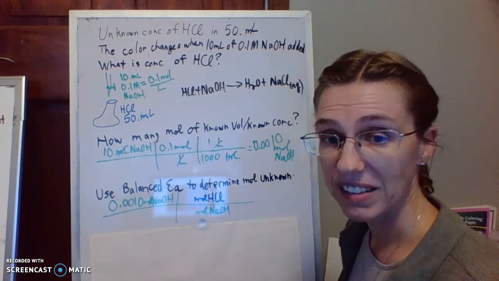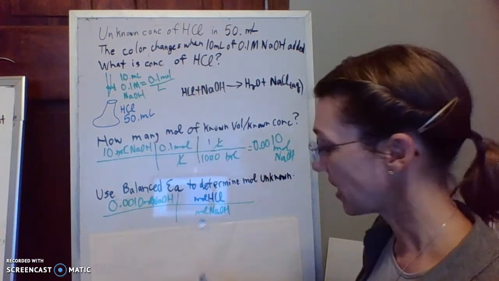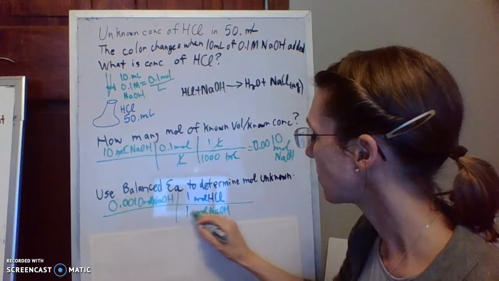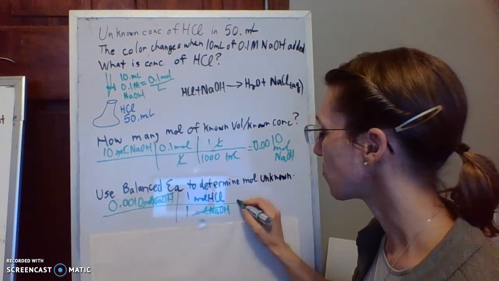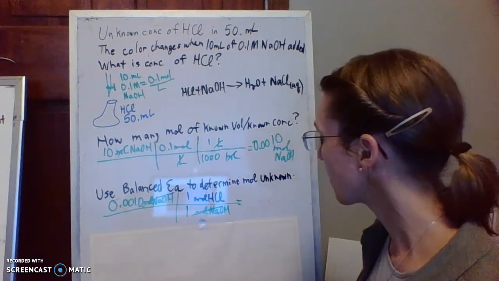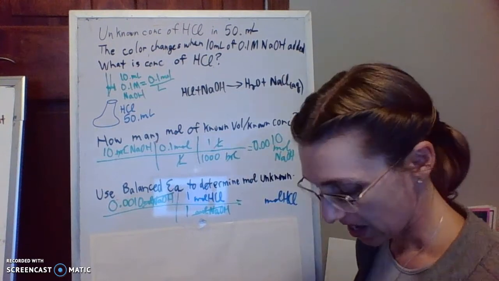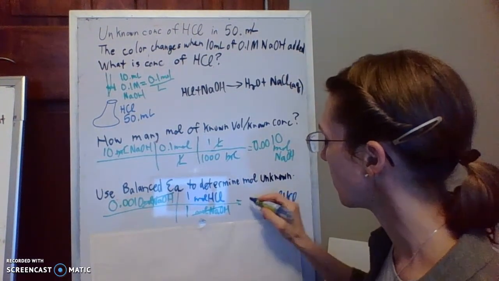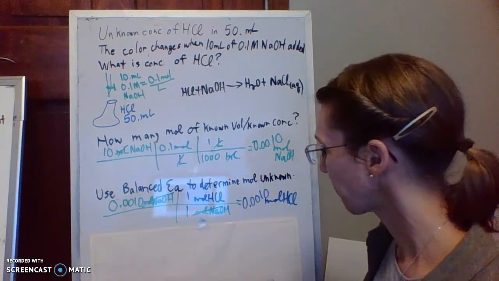We're going to use our balanced chemical equation. Remember, 1 is the coefficient here, 1 is the coefficient here. Even though it's 1 to 1, I want to show this part of the problem because it does change units. Moles of sodium hydroxide cancels out with moles of sodium hydroxide, so the thing we have left ends up being moles of our HCl. Now we're talking about something new here. And it is a 1-to-1 ratio, so the number ends up being the same thing.